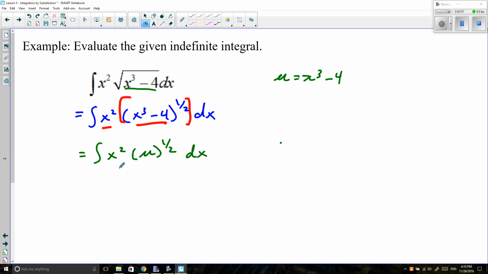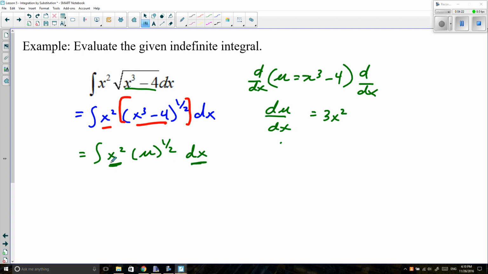I need to replace x squared and dx with something in terms of u, because I can't integrate this as is. So I differentiate both sides with respect to x, and I get du/dx equal to 3x squared, and the derivative of negative 4 is 0.